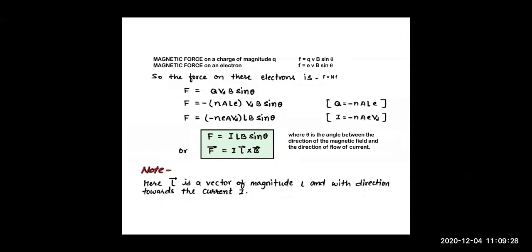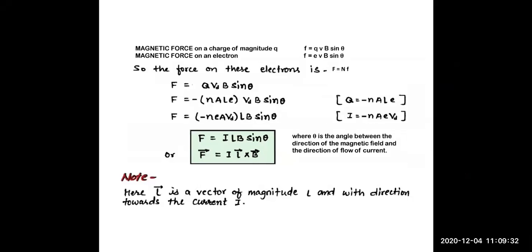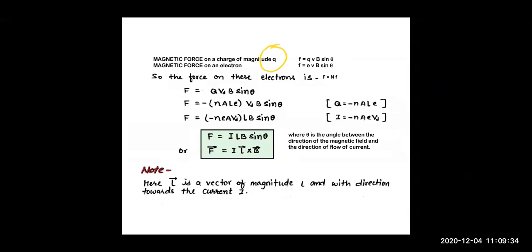Now we know the formula we had done in the last class, that if a charge Q is moving, then the force on charge Q is, you might remember like this, Q bracket V cross B. Yes, you remember this, F equals to Q bracket V cross B, and if we remove cross it would be sine theta.